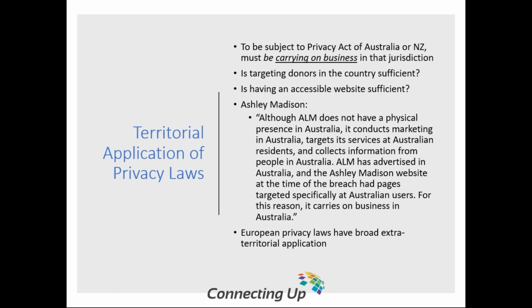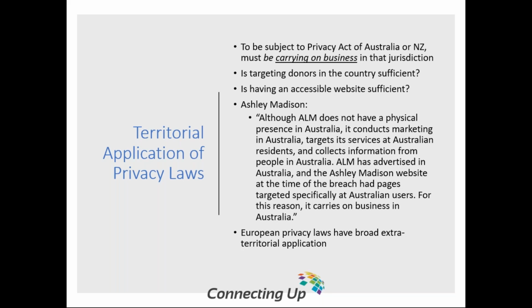There was then a long investigation led by the Canadian Privacy Commissioner, because Ashley Madison is a Canadian company. All of its physical servers, network, everything, all of its people were based in Canada, but it marketed to Australians. It had ads in Australia. It was clearly targeting Australians, and it actually had a lot of Australian customers.